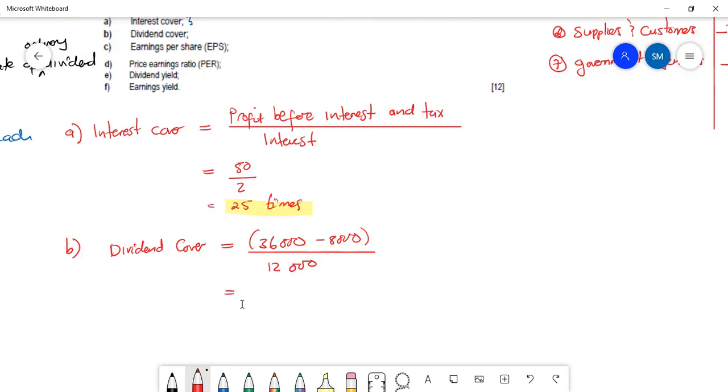And what's the answer that we get? How many times does our dividend provide cover? 2.33. Correct. So it's 2.33 times.